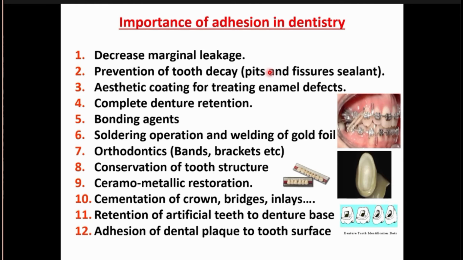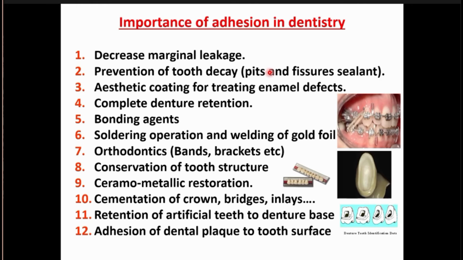Complete denture retention, as I explained how we fix dentures with the help of saliva acting as an adhesive. Bonding agents for resin fillings, soldering and welding for joining two types of metals. Orthodontics, like putting brackets or wires with the help of adhesion.